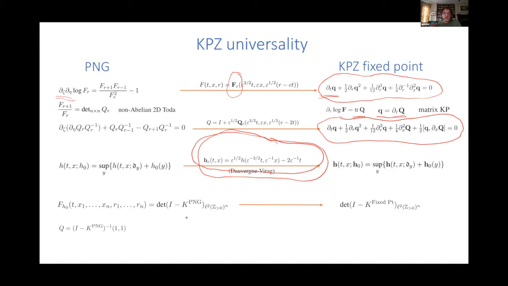These things turn out to be 0 up to the 4th order in epsilon to the 1/2, and at the 5th order one sees the KP equations, and similarly for the matrix version.